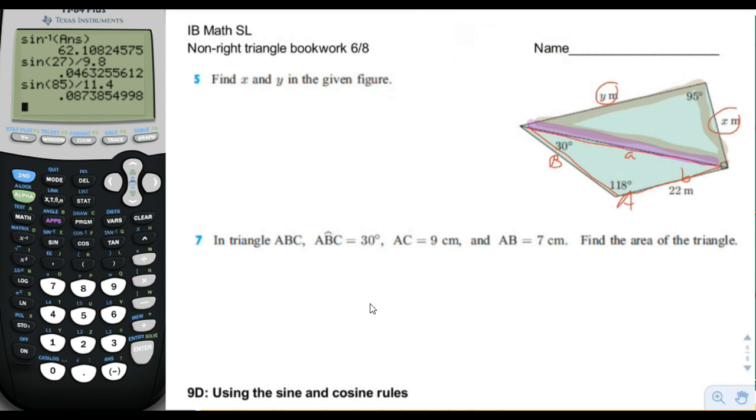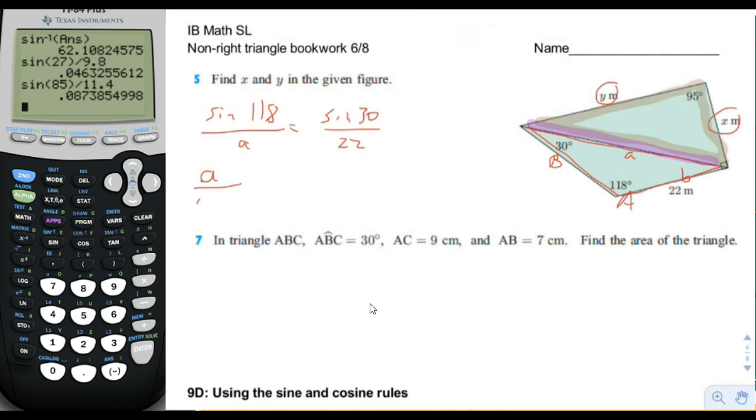So now we could write this out as the sine rule. The sine of 118 degrees divided by small a is equal to the sine of 30 degrees divided by 22. And to find the length of a, we can just invert both of these.